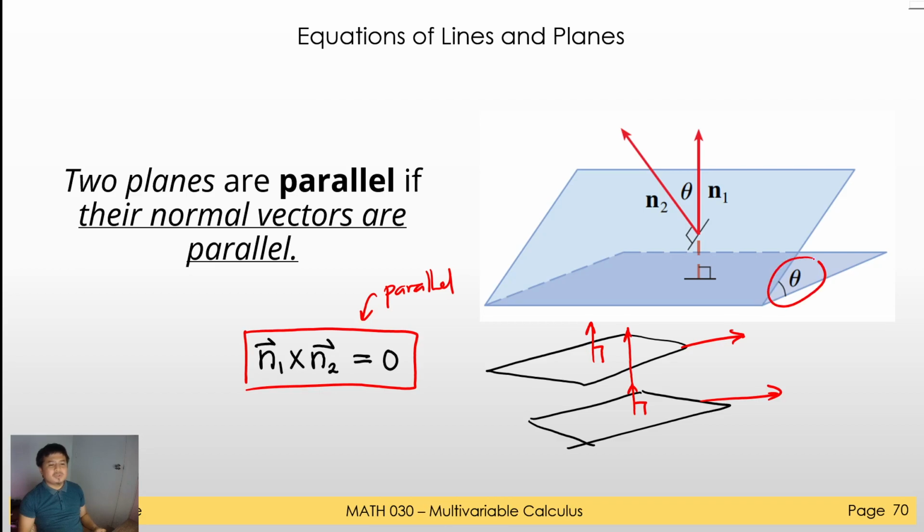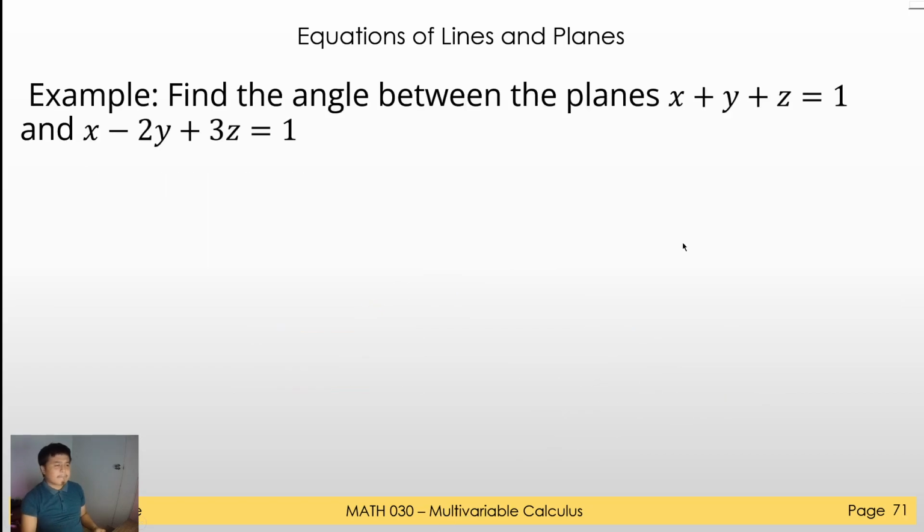I will not show the geometric proof, but we already know this is the case. So to find this angle, we want to find the orthogonal vectors of these two planes.